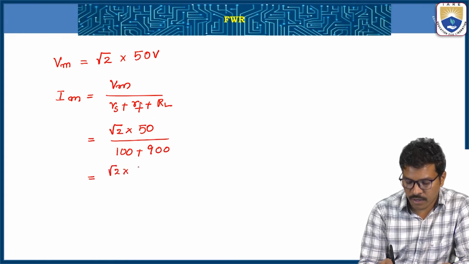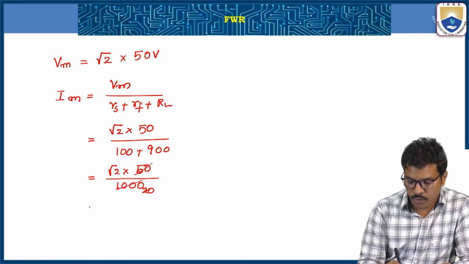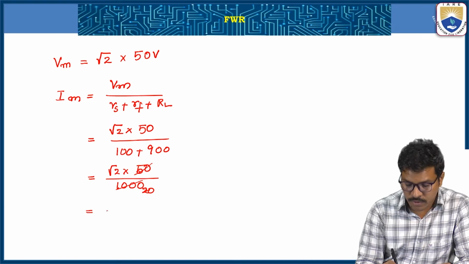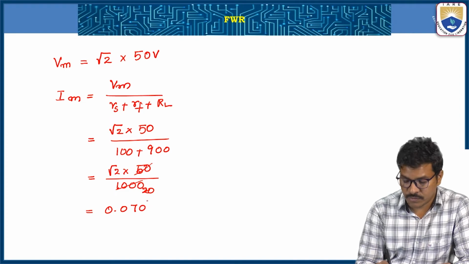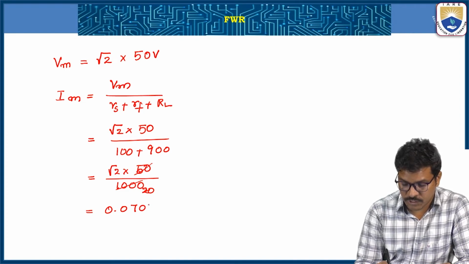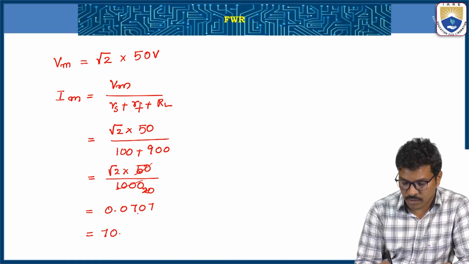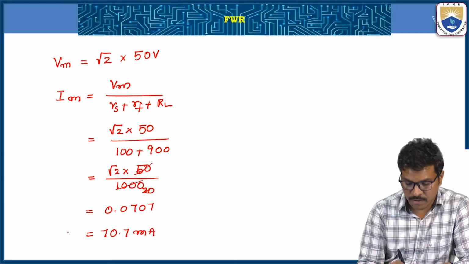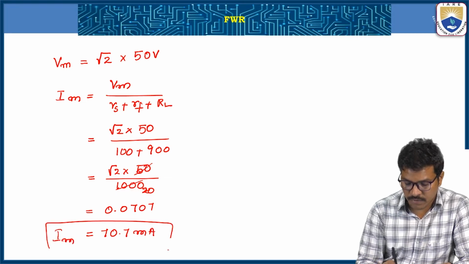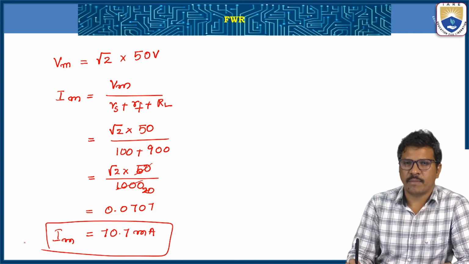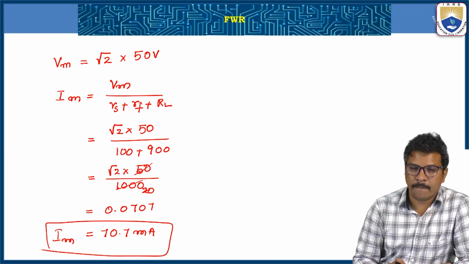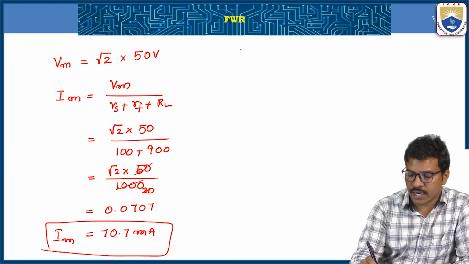So root 2 into 50 divided by 1000 is root 2 by 20, which is equal to 0.0707, that is 70.7 milliampere. Im is equal to 70.7 milliampere. Once we know Im, that Im is substituted into the average current.